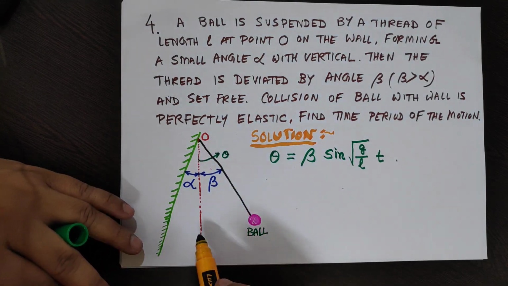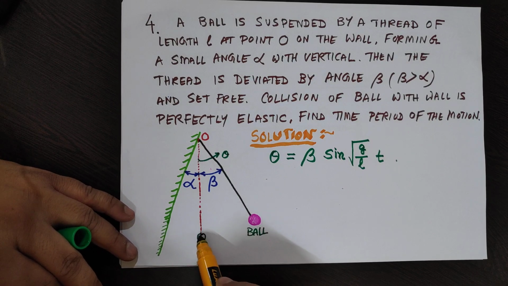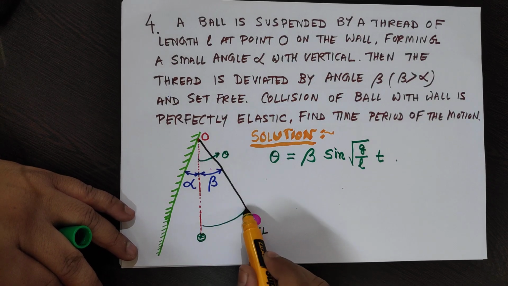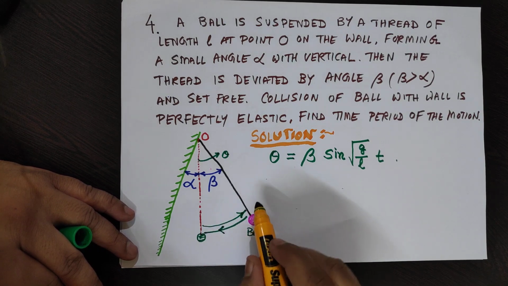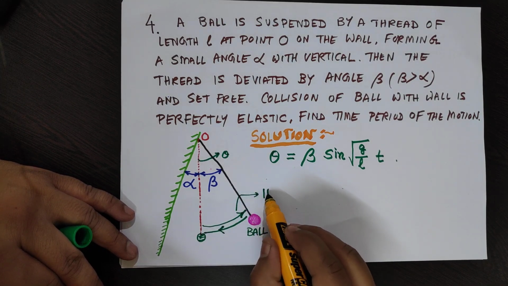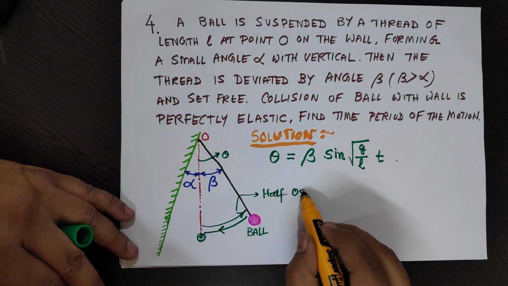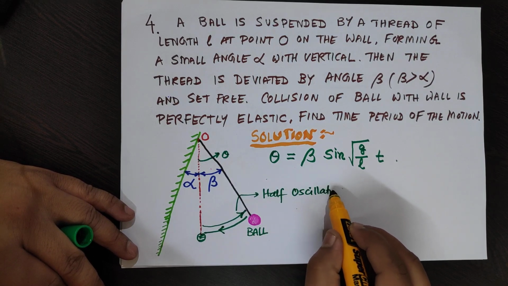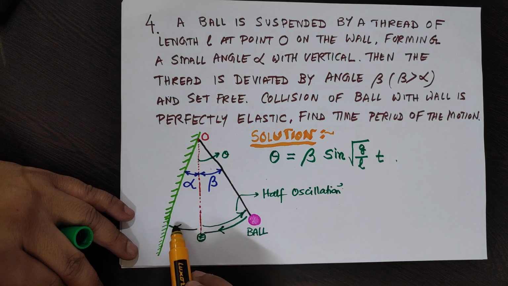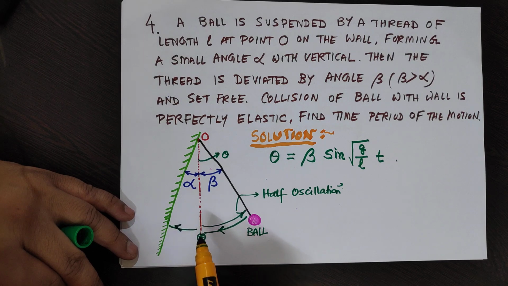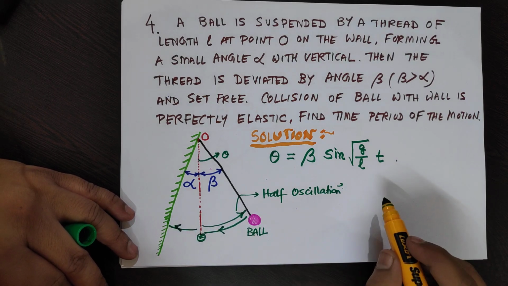So from here to here, here to here, and back to this point, this is half oscillation, right? Now this part is half oscillation. And from mean position to this angle alpha, it is not half oscillation, it's less than half oscillation.